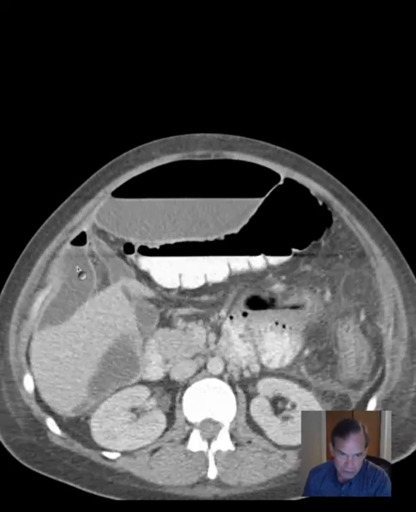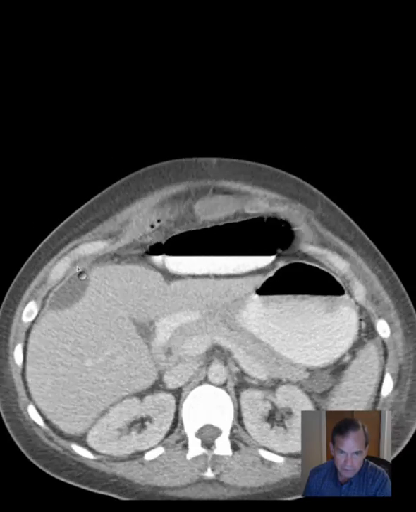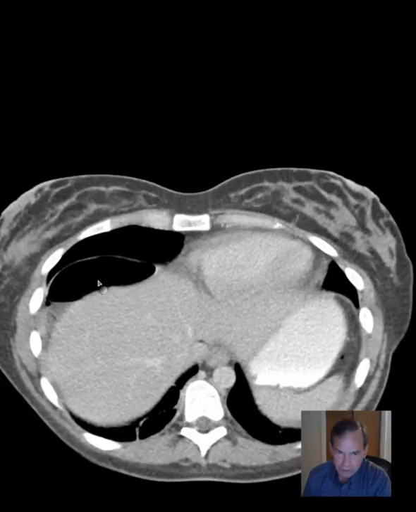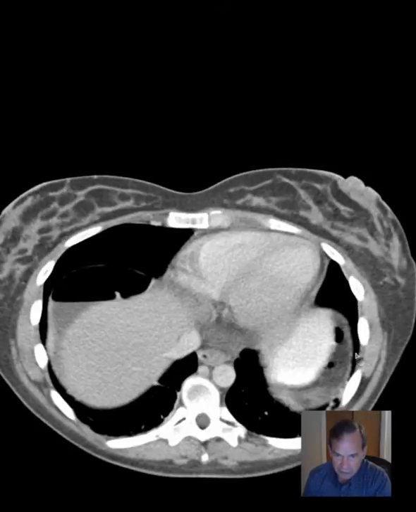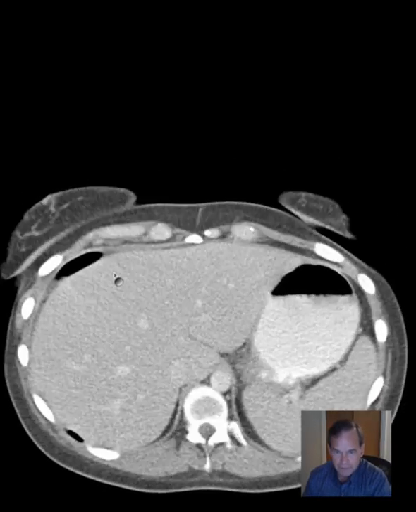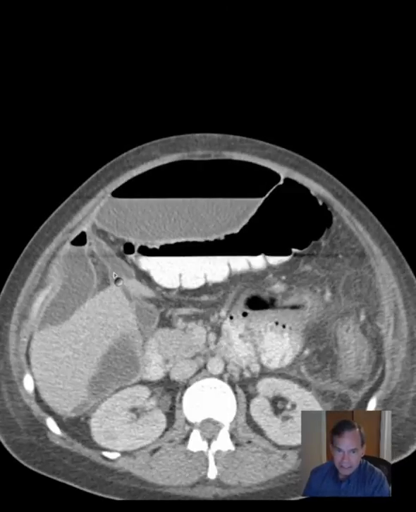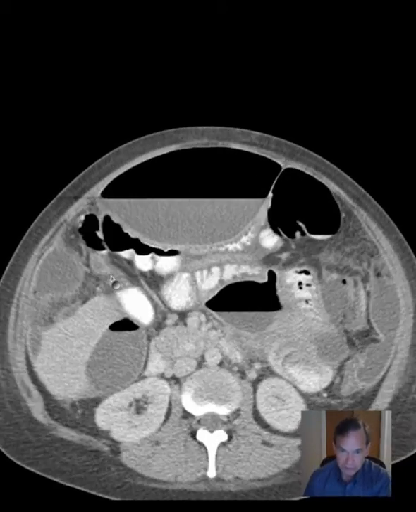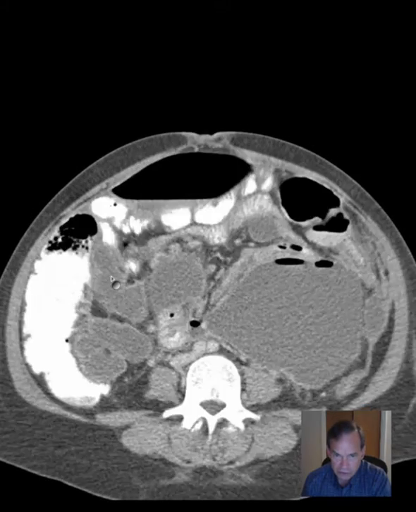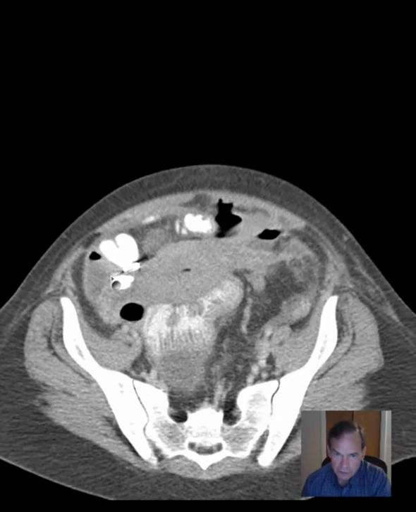Here's another one that's anterior to the liver. So numerous abscess cavities with free intraperitoneal air evident beneath the hemidiaphragm, and we see a little bit on the left side, but it's a little bit more conspicuous here on the right. So a rather dramatic case of a patient with a complication following cesarean section and who developed numerous collections of fluid and air consistent with intraperitoneal abscesses.